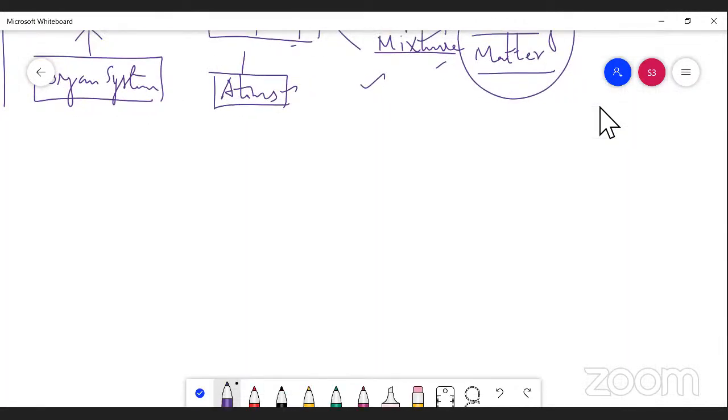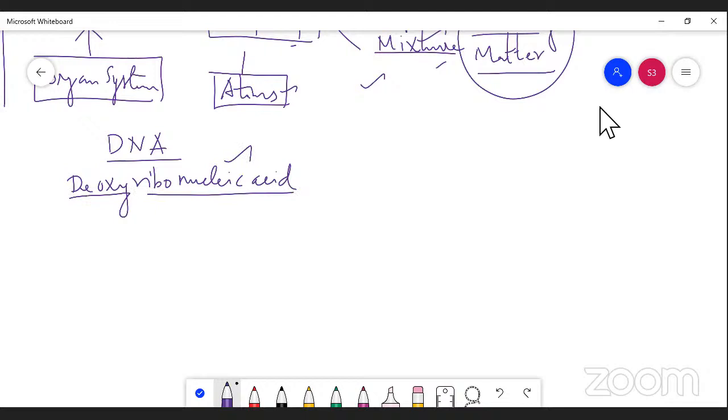Do you know DNA? DNA, deoxyribonucleic acid, is the genetic material passed from one generation to another, and it is essential for life.